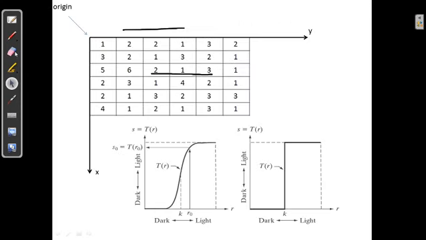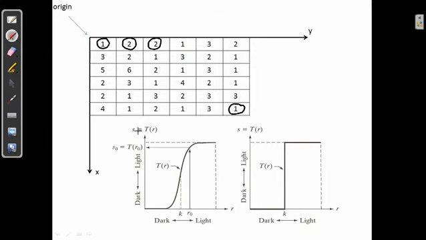Let us consider a simple operation which shows you the intensity transformation. As I said earlier, intensity transformation means you need to process one by one. First you take this pixel and map it to the other domain, and you get the output. Next you take this pixel and process it, and similarly you carry out processing till here.